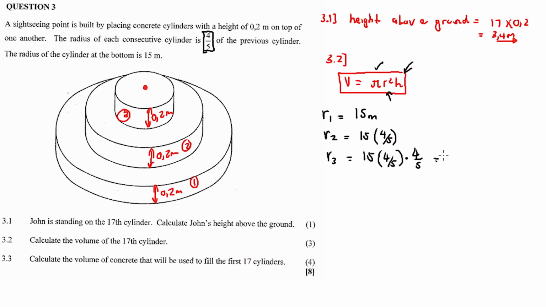So for the third one it's 15 times 4 over 5, squared. What about the fourth one? It's 15 times 4 over 5 cubed, so it's the squared one multiplied by another 4 over 5.